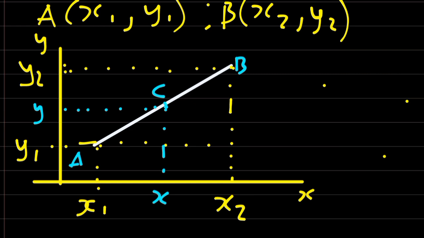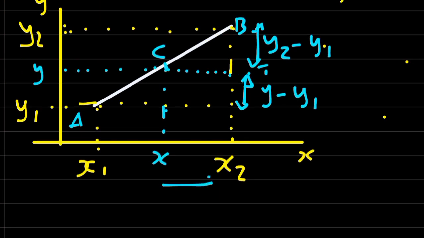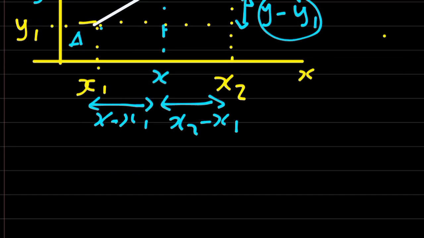Okay, take note of this. Let's extend this line backward. The distance from here to here is going to be y minus y1. Let's start from the x-axis.